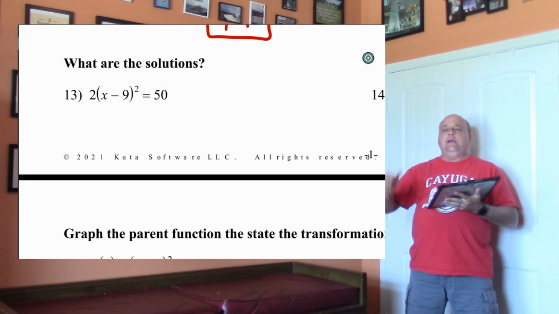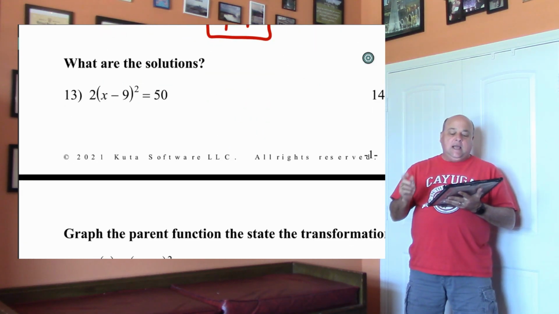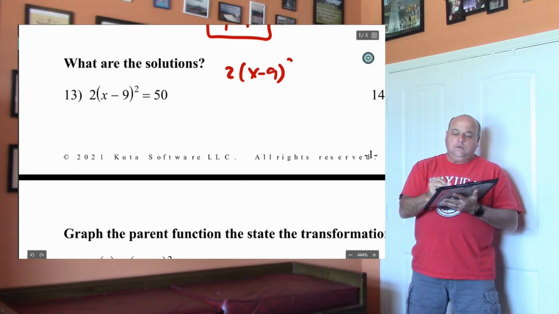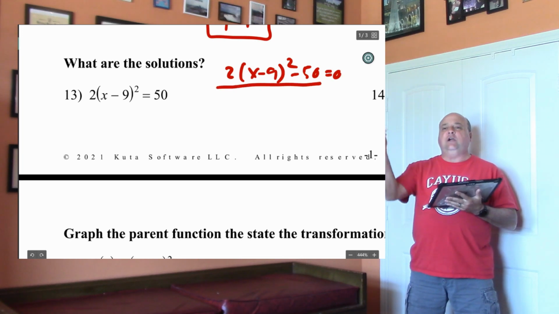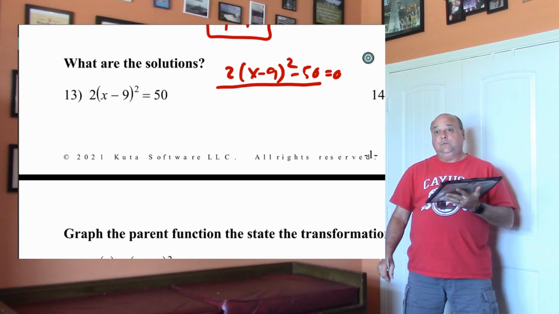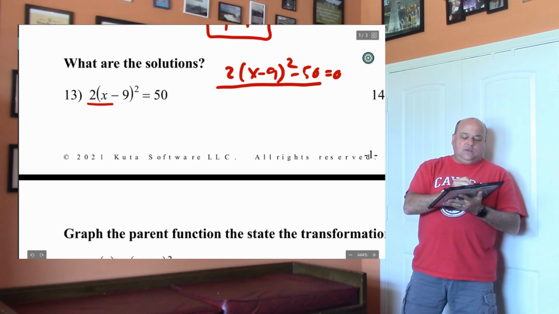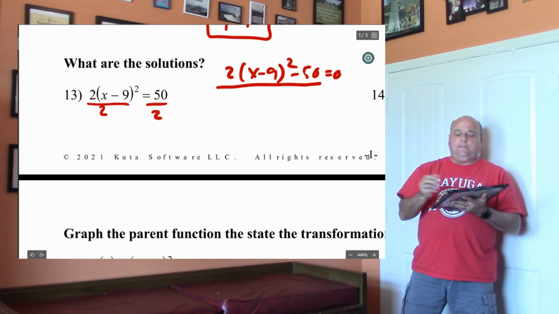Number 13, I'm going to do this with the square root, okay? I could move the 50 over. If you were to graph that and trace, you would get your answers, okay? Just graph it and trace it, you get your answers. I could do this, though, with the square root. I could divide by 2.